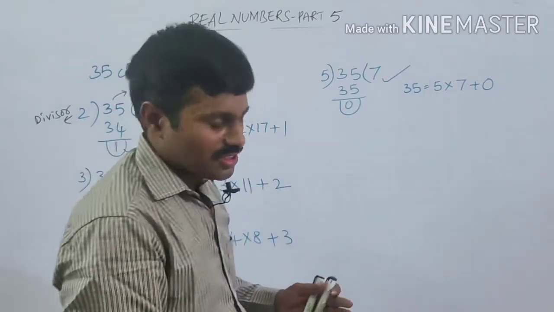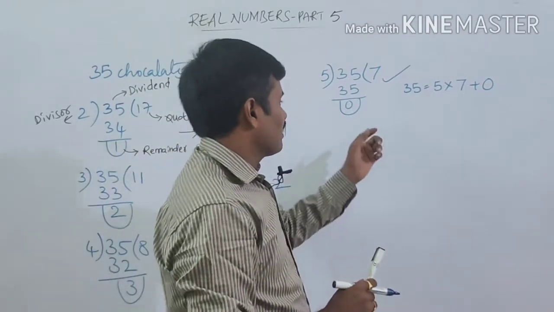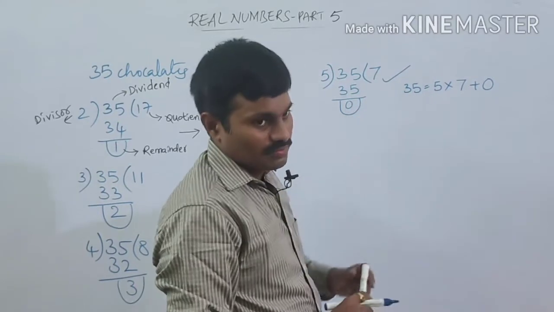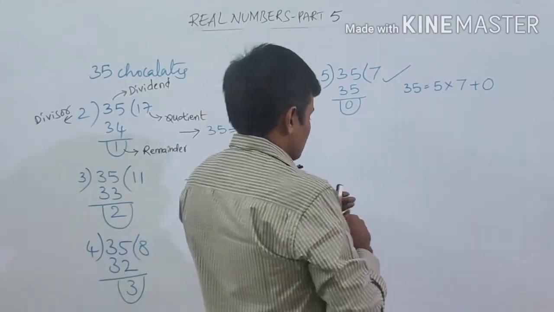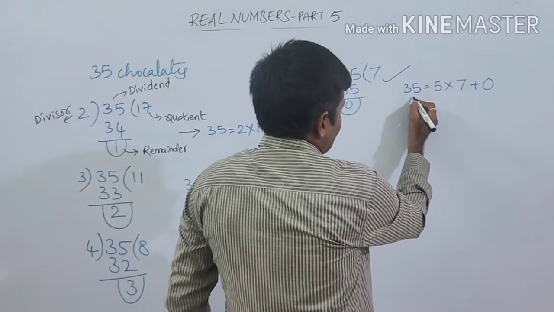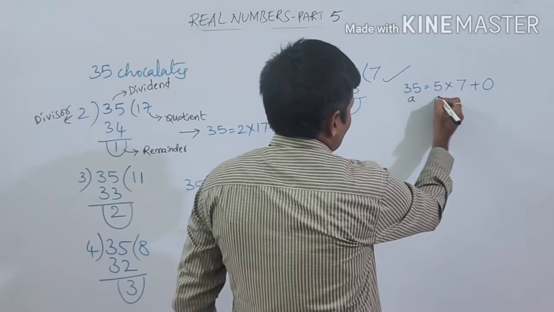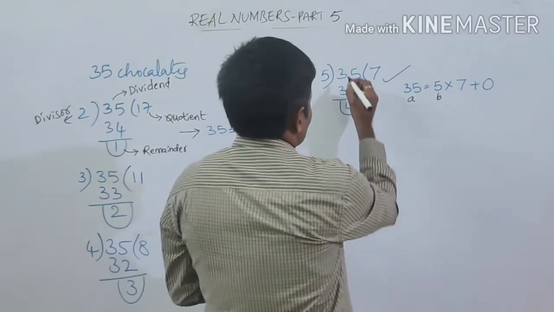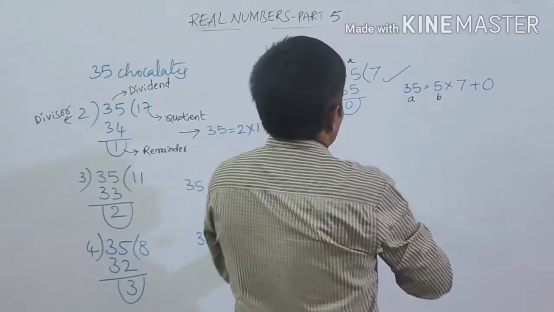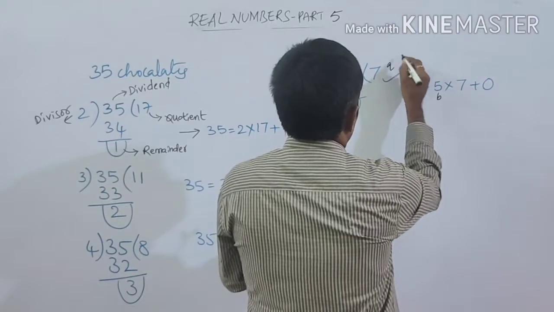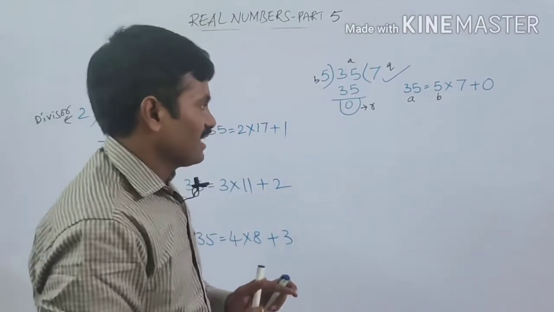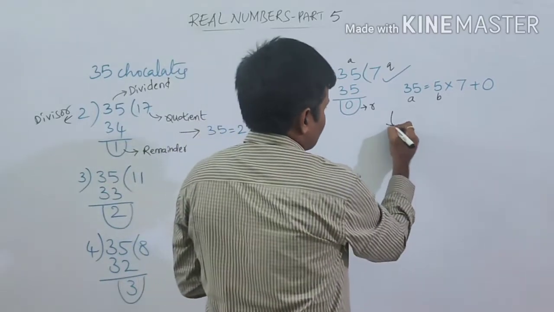For this pair, we got 2 whole numbers, 7 and 0. That means if we take 35 as A, 5 as B, 7 as quotient Q, and remainder as R, which is 0, we can write a relation.